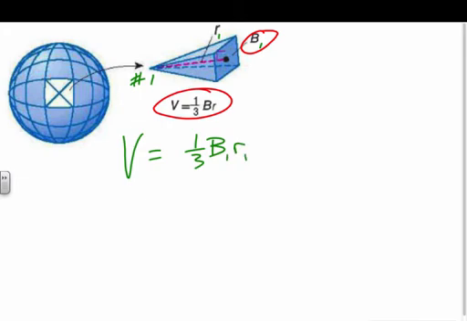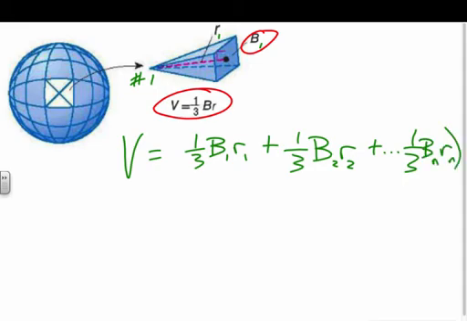So that's one of the pyramids, and then I'd add that to the next pyramid, which is the same thing, except B sub 2, R sub 2, all the way until we added up every single one of those pyramids. We'll say B sub n and R sub n, the number that we don't know. So we're just adding up every single pyramid. Every volume of every single pyramid would give us the volume of the entire sphere.